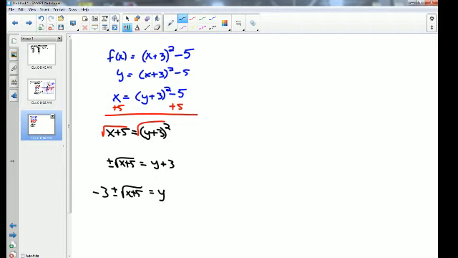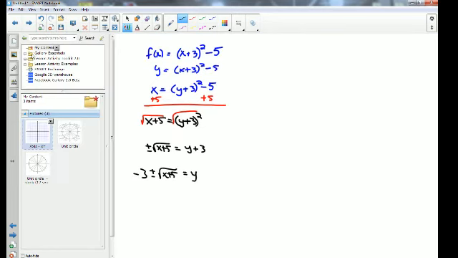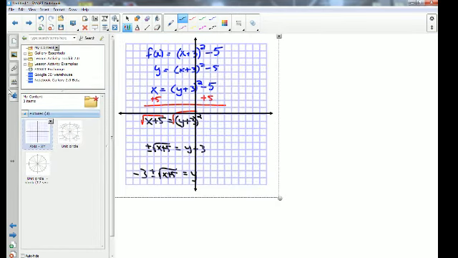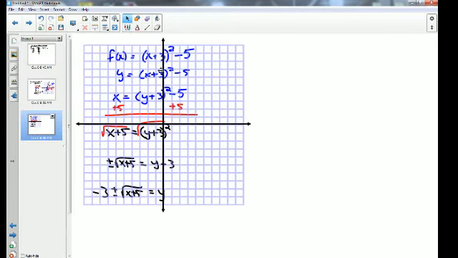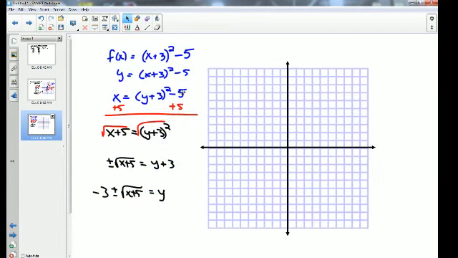Can you graph those two? Yeah, let's just look at that real quick. Because it's kind of screwed with you a little bit. Okay, what's the shift here? Down 5? Left 3.